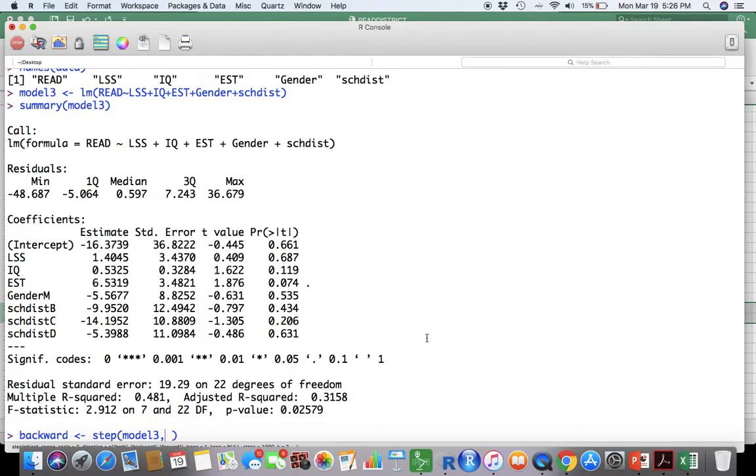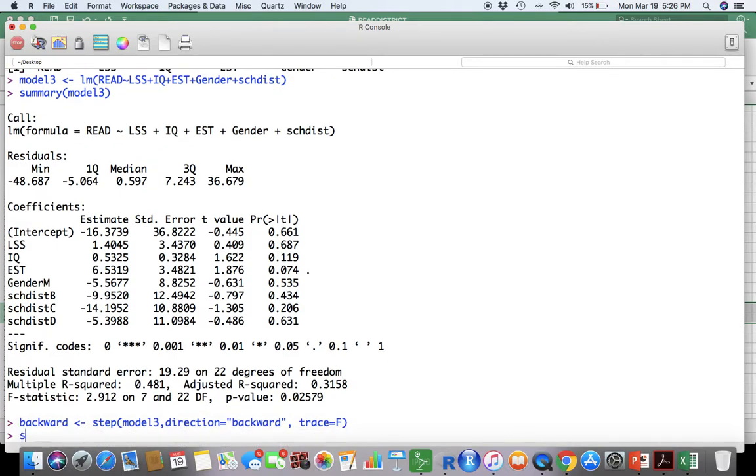So guys, to pull this off, I have model 3, and I want the direction to be equal to backward. And I always turn off the trace, because really all I care about is just what I start with and what I end up with.